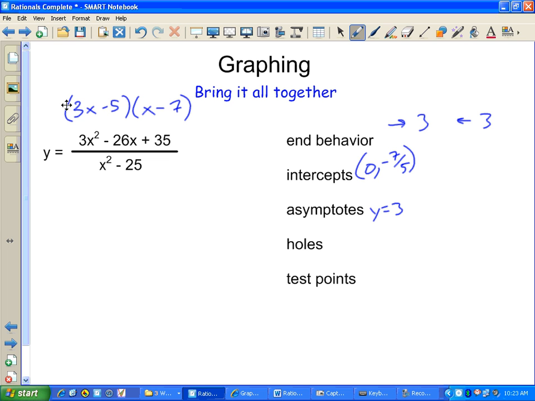So I'm going to set each one of these factors equal to 0. So 3x minus 5 equals 0. And x minus 7 equals 0. So I'm going to get intercepts of 7. Right? So 7, 0 is an x-intercept. And this one, if I solved, I would get 5/3. So 5/3, 0 is an x-intercept.